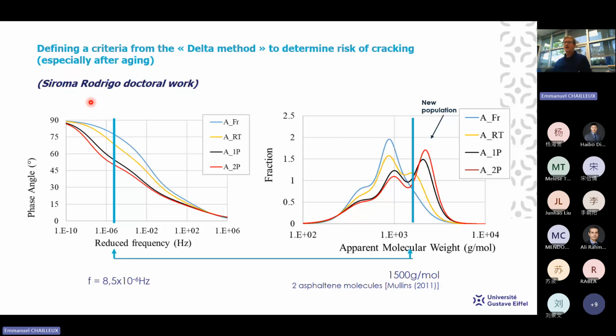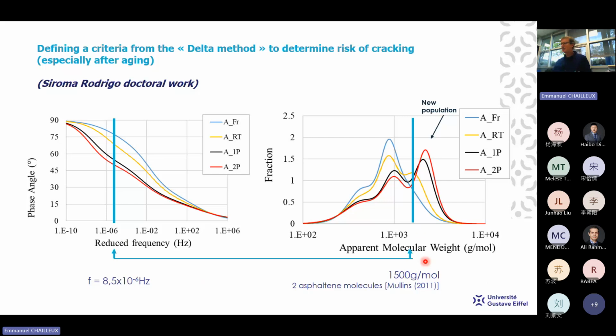From the Siroma Rodrigo doctoral work, we have defined a special frequency on the phase angle master curve from a statistical study, and this frequency is a typical point where the phase angle across aging shows something happening on the phase angle curve.